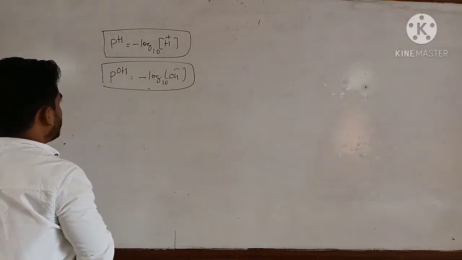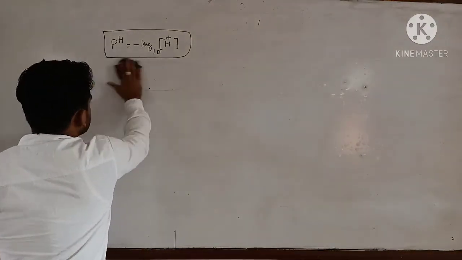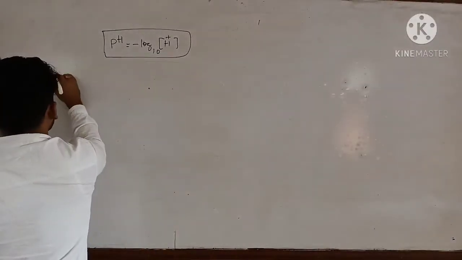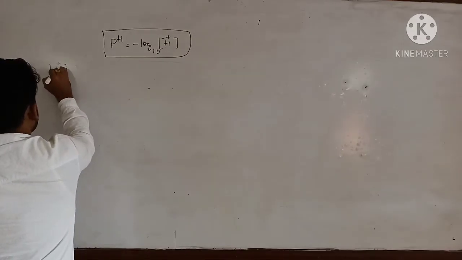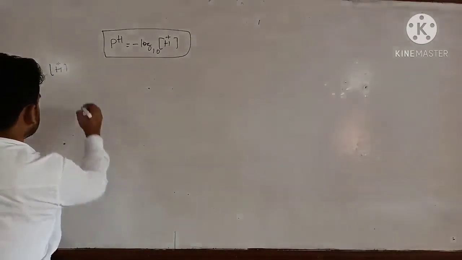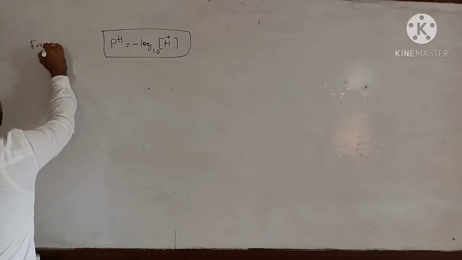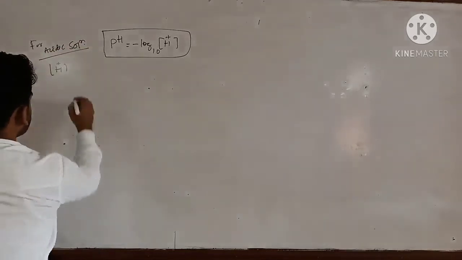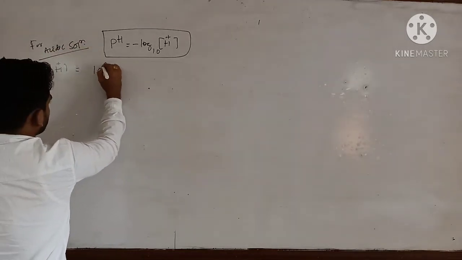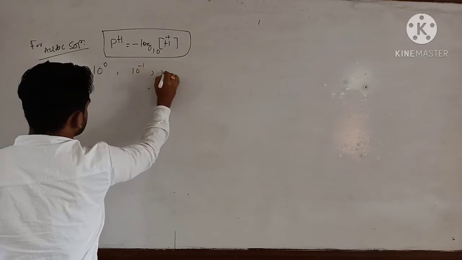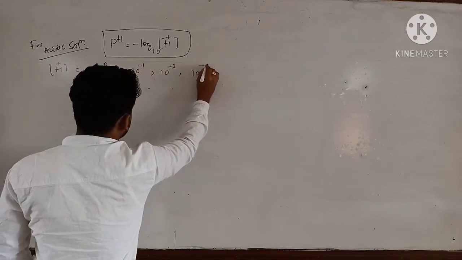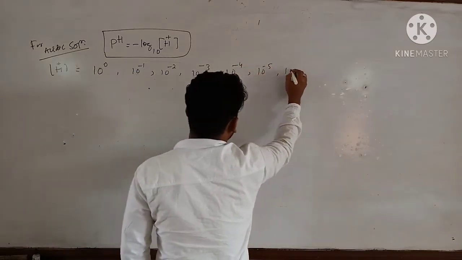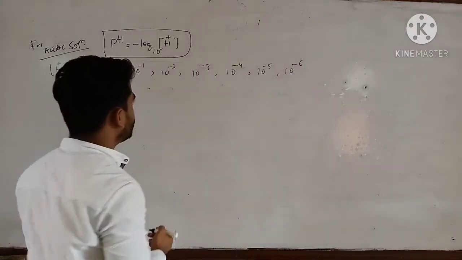You just see. For an acidic solution, I am saying the H plus ion concentration is 10 to the power 0, 10 to the power minus 1, 10 to the power minus 2, 10 to the power minus 3, 10 to the power minus 4, 10 to the power minus 5, 10 to the power minus 6. Is that clear?